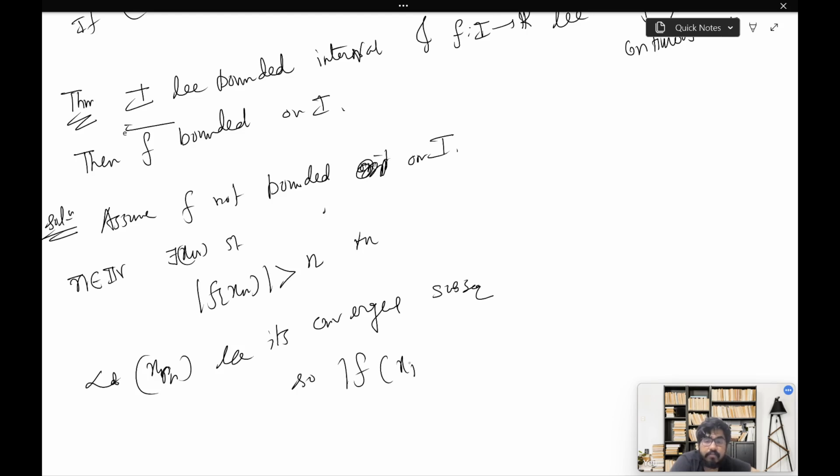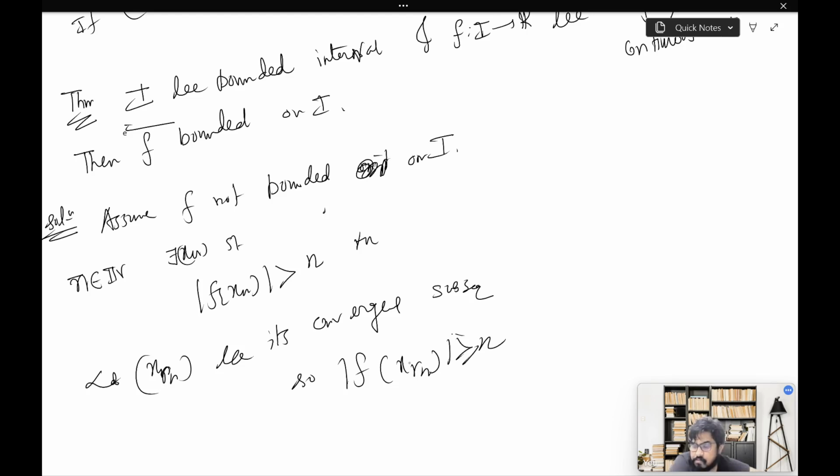So mod f(x_rn) is greater than or equal to n. So mod f(xn) is greater than n.